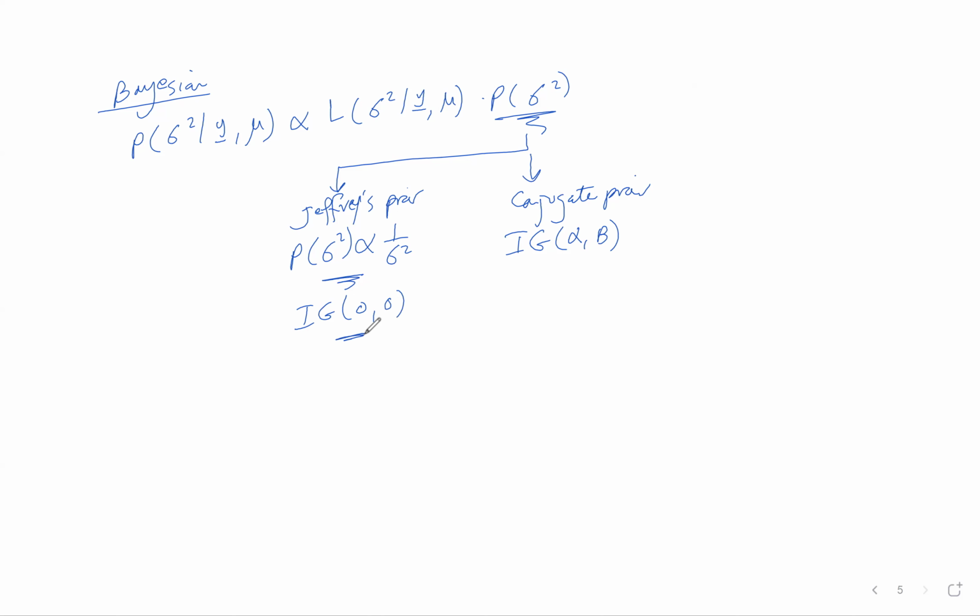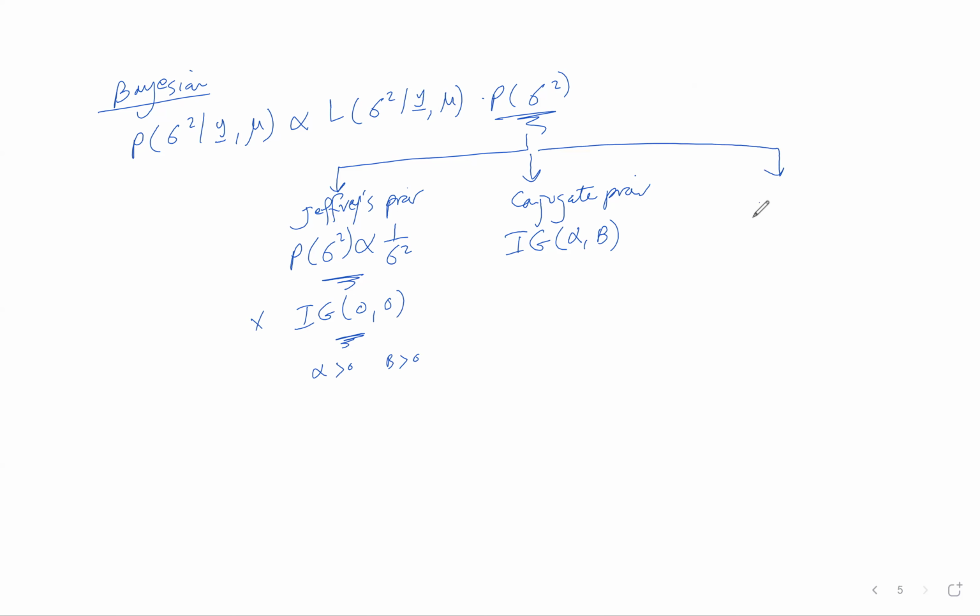But the problem with this one is that this prior is an improper prior, because there is some condition on alpha and beta. If you look at the distribution table on Canvas, you'll find alpha should be greater than 0, beta should be greater than 0, not equal to 0. So this one is an improper prior. They said, okay, no problem.